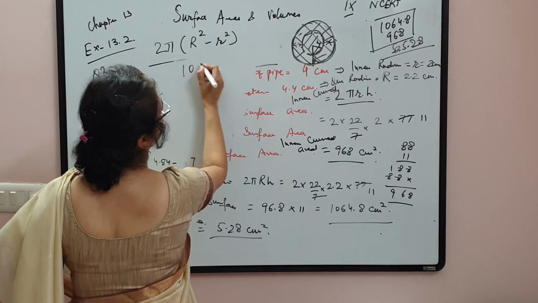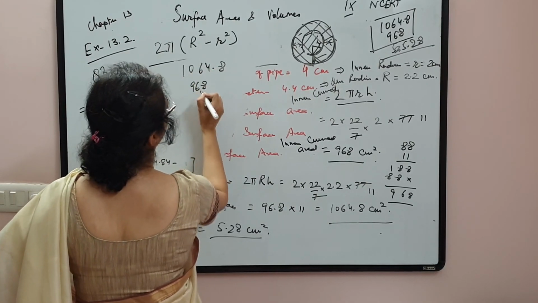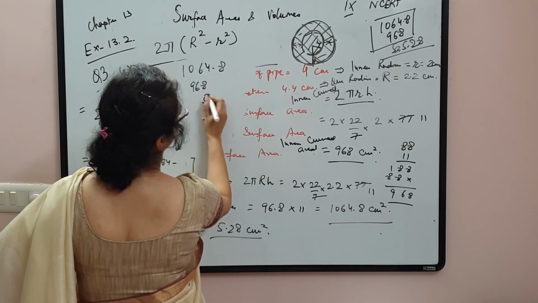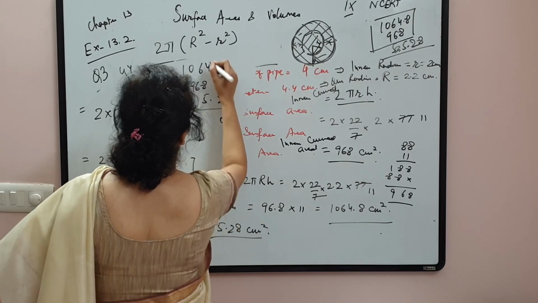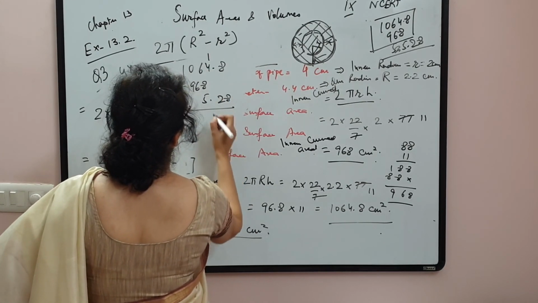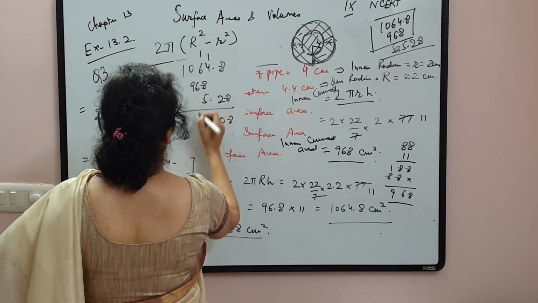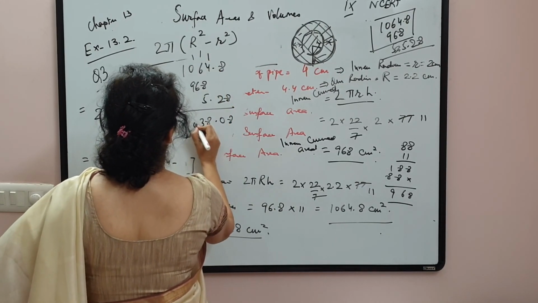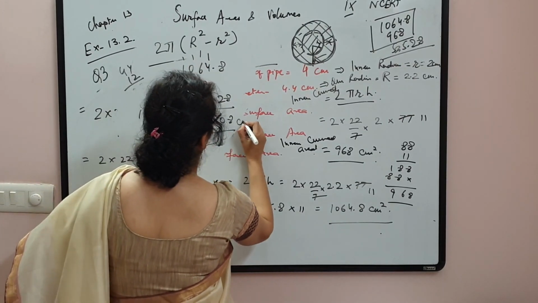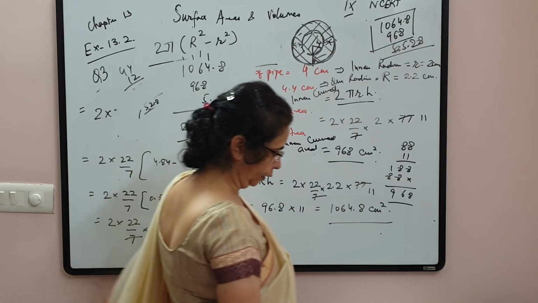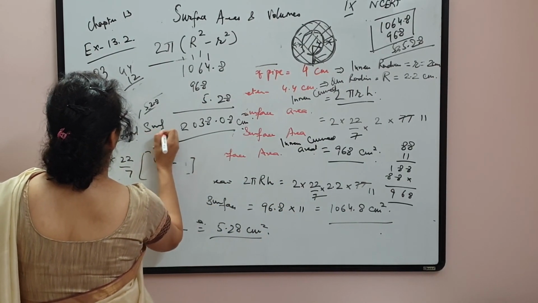So this is 1064.8 outer area, inner curved surface area and the circular area. So this you get, children, 2038.08 centimeter square is your total surface area of the pipe.